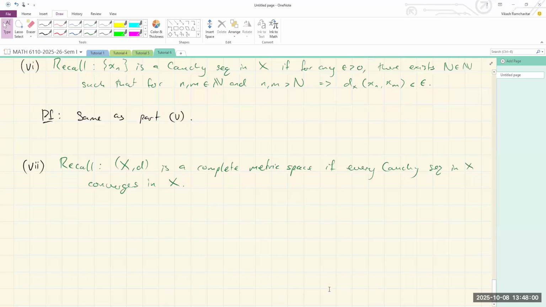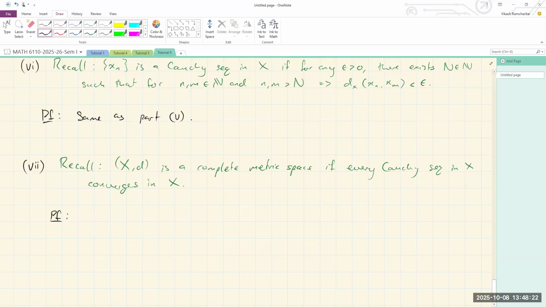So we just need to piece together everything. Everything in the parts before was leading up to proving this: that isometric metric spaces preserve completeness.